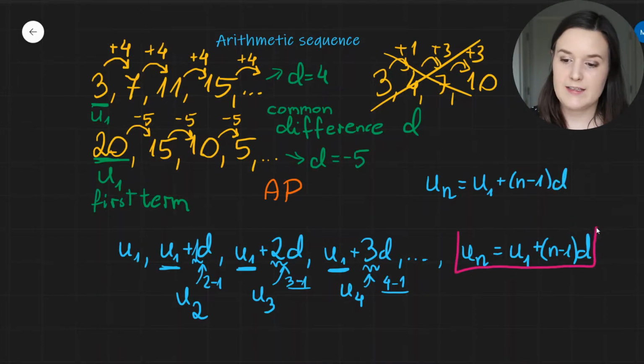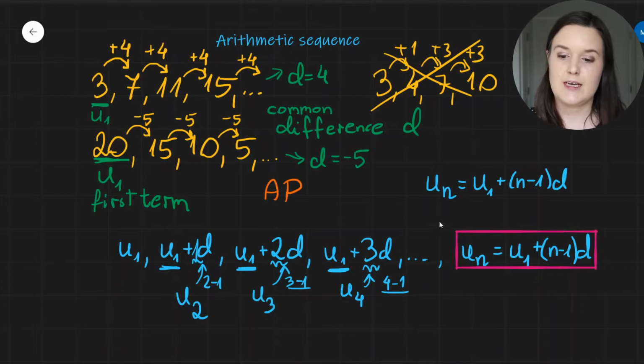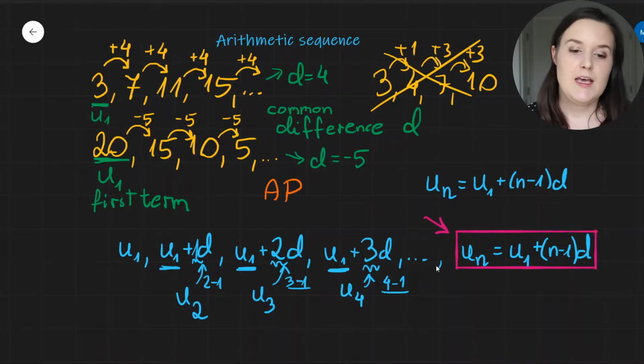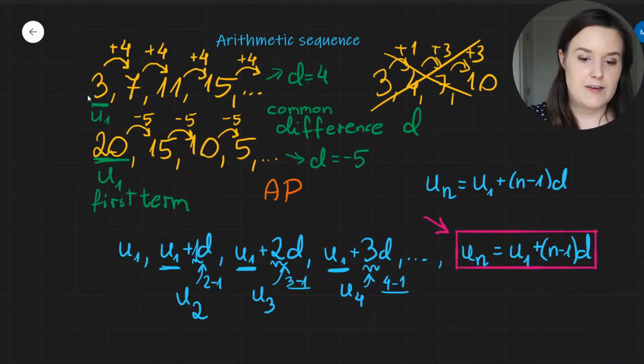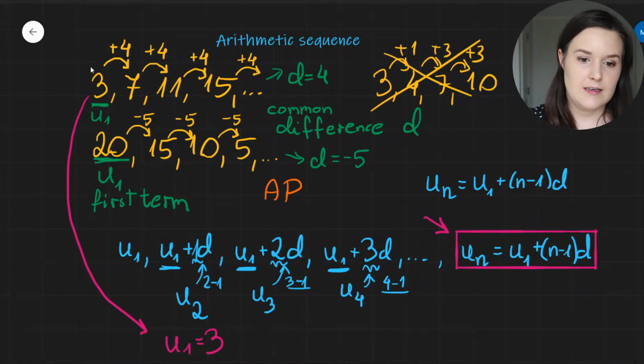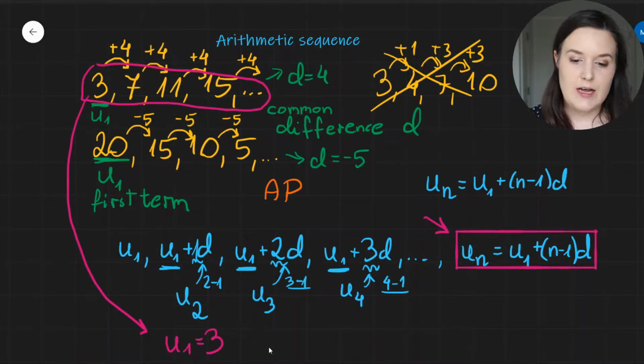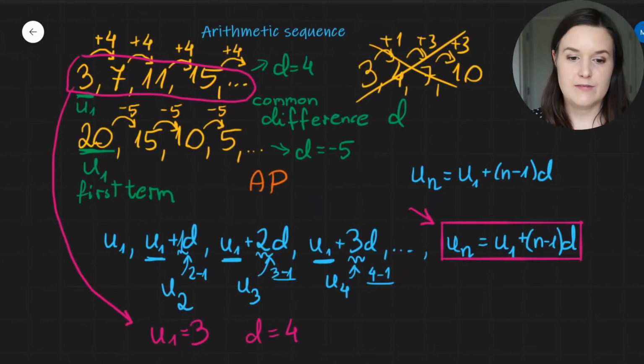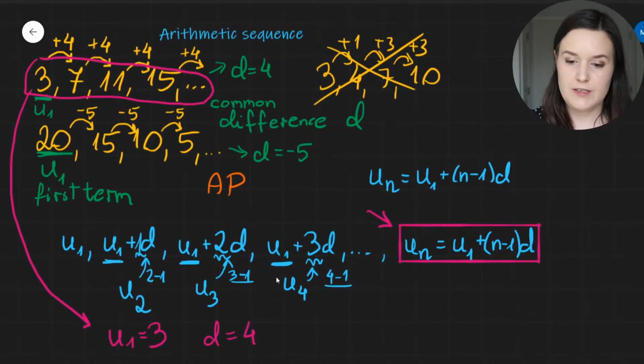If I want to find the formula for an arithmetic sequence, I can just use this recipe. So let's take the first one, 3, 7, 11, and so on. I know here that the first term is 3, and the common difference is 4. So now if I want to give the formula for the nth term, I just have to follow the recipe.